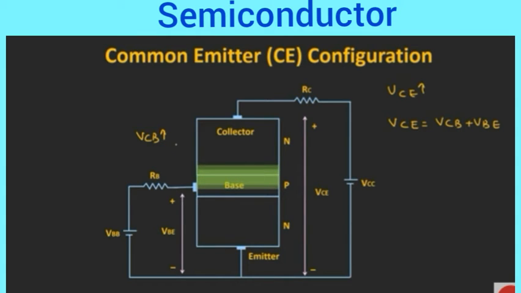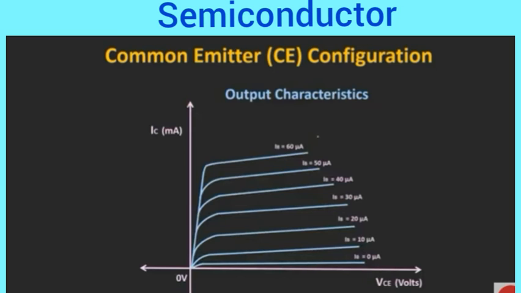As VCB increases, the effective base width will reduce, and the probability of recombination in this region will also reduce, and due to that more and more electrons are able to cross, so as VCE increases, the collector current IC also increases.